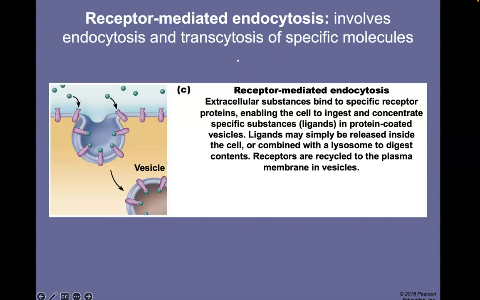All it is is endocytosis that's mediated by binding a very specific solute to a specific receptor, okay? So this enables the cell to ingest large amounts of a very specific substance. And again, it will bring that in and pinch it off into a vesicle. Okay.